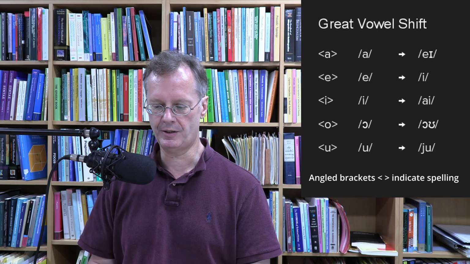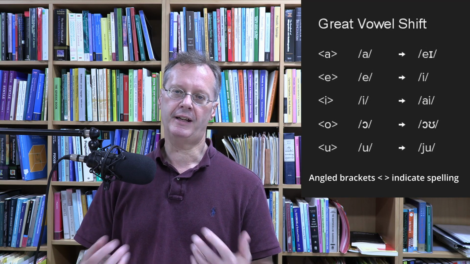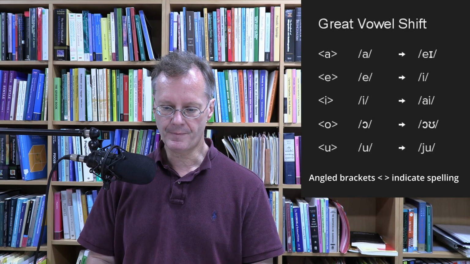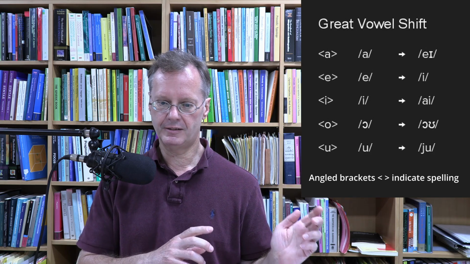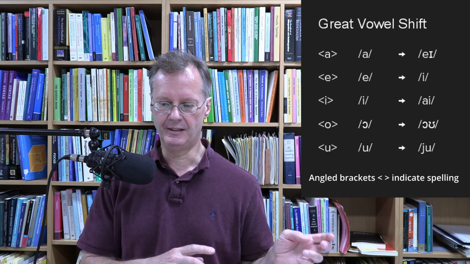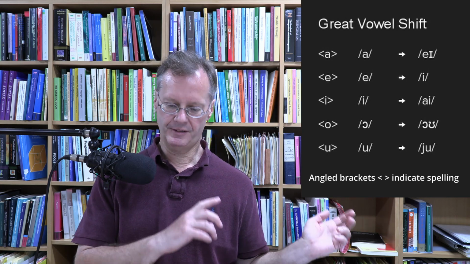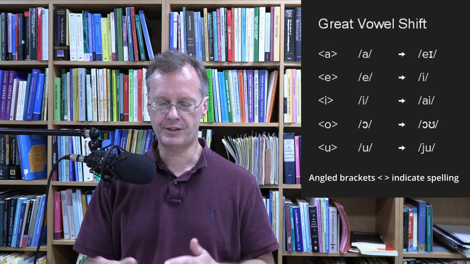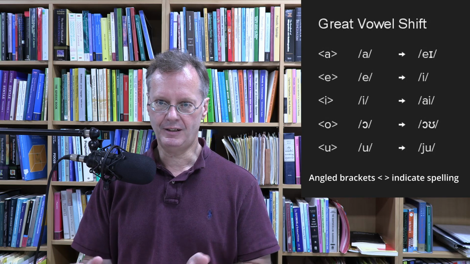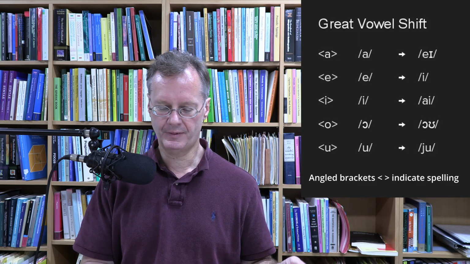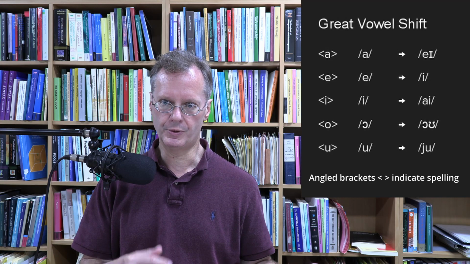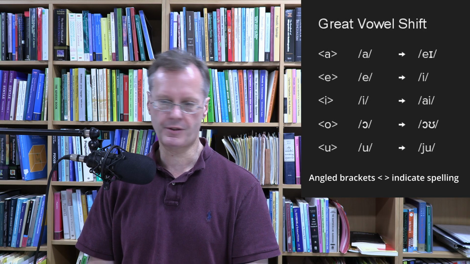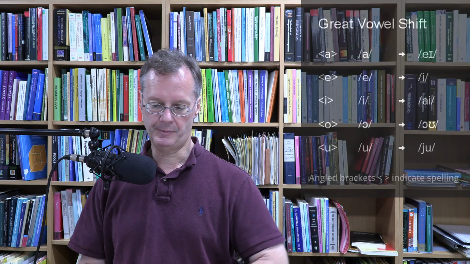It's messy. I won't get into it here, but basically, in every other language that uses the Latin alphabet other than English, the letter A is A, but in English it's A. And in every other language, the letter A is A, but in English it's E. And in every other language, the letter E is E, but in English it's I. And then the English O is O, and the letter U of English is U in most other languages that use the Latin alphabet.